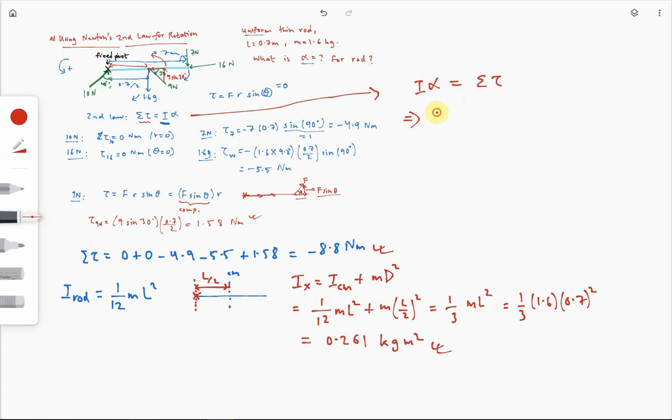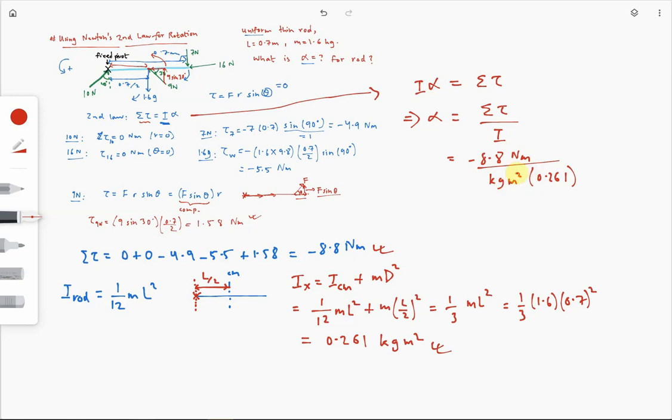We want to find alpha, so alpha is just dividing both sides by I, gives me summation of all the torques over I. Summation of all the torques is negative 8.8 Newton meters over I, whose units are kilogram meters squared, and its value is 0.261.